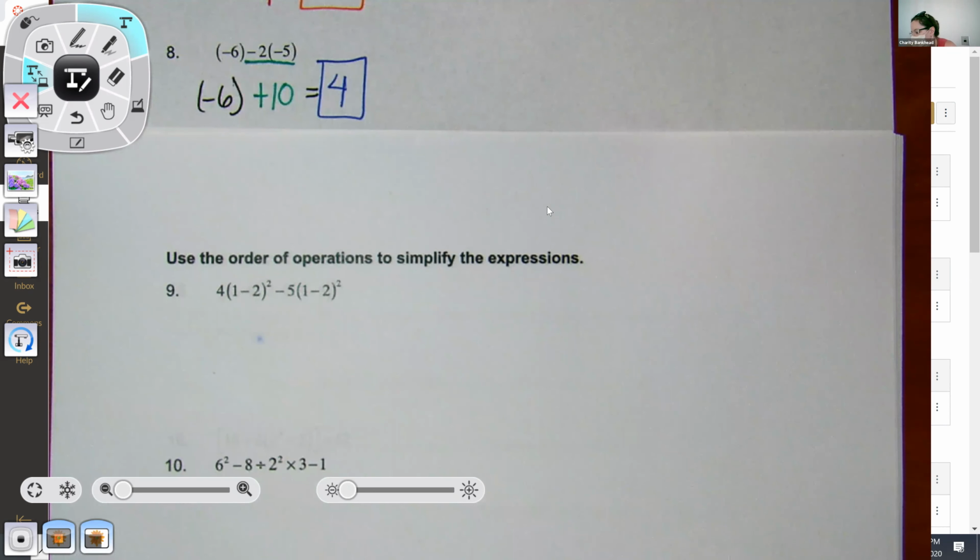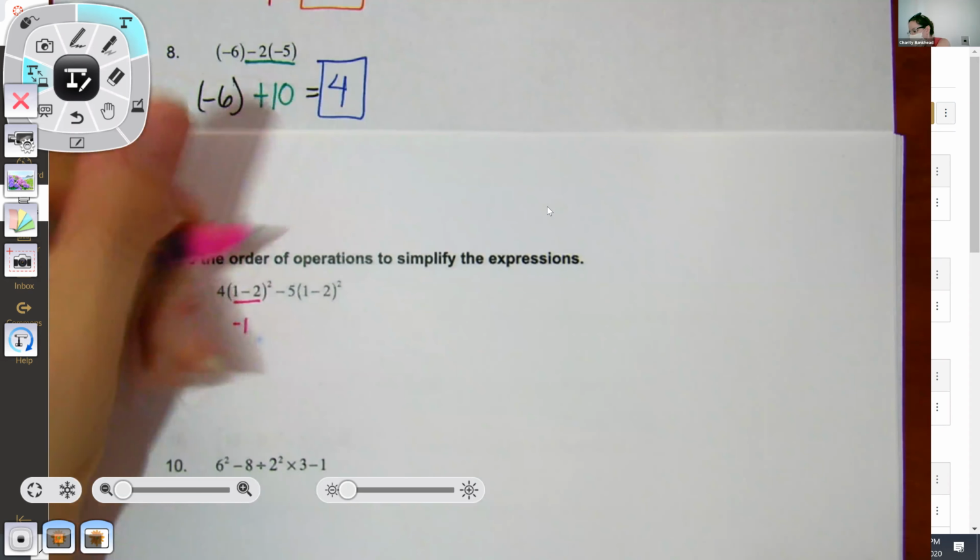All right. Number 9. In this case, we have some things on the inside of the parentheses that we need to actually do. So 1 minus 2 is going to equal -1.